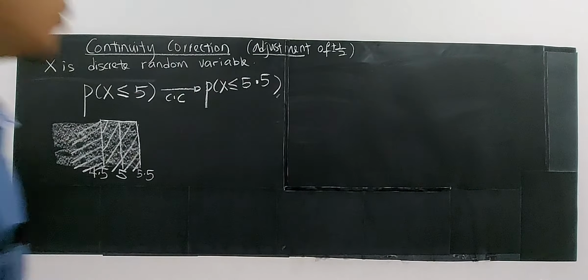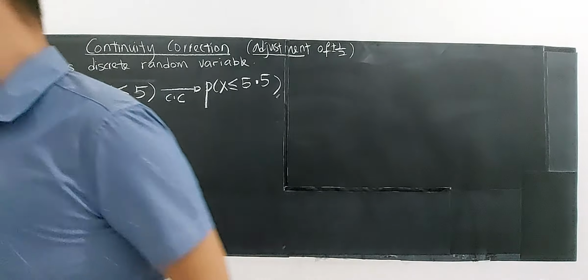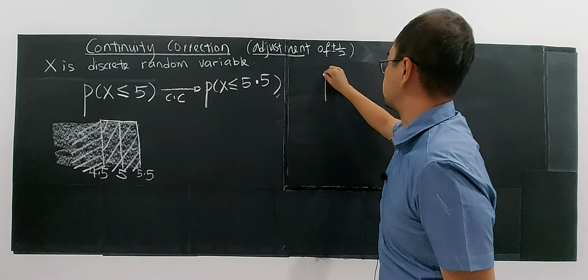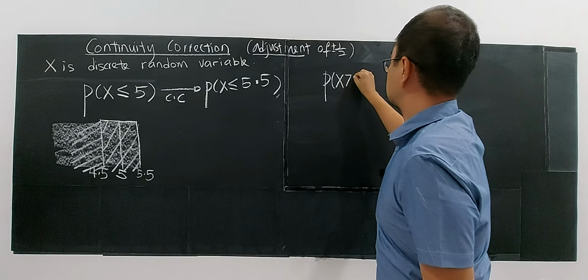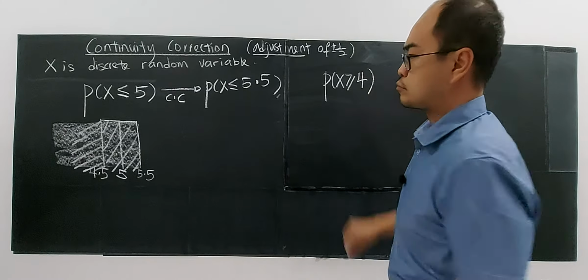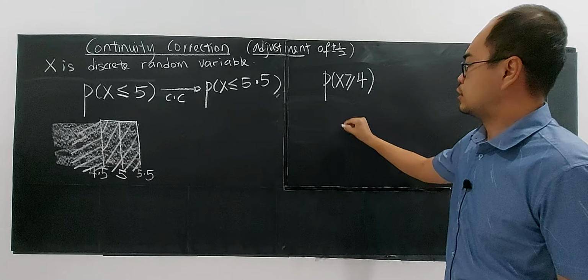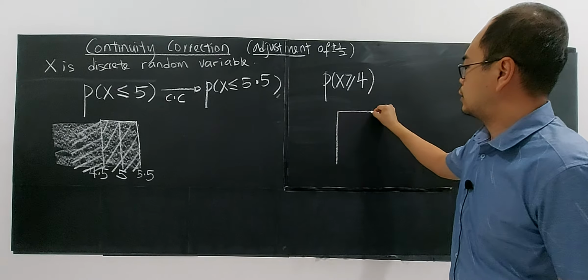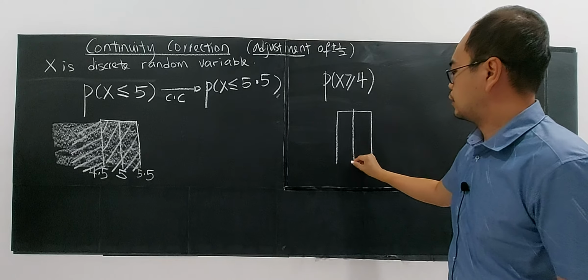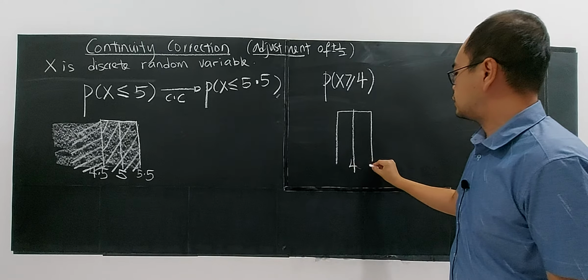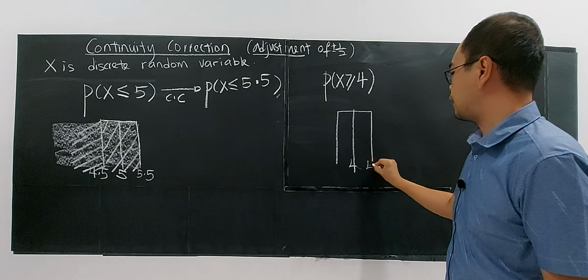So, tengok. Okay. What if they ask you to find the probability continuity correction for x greater or equal 4? How to do continuity correction for this? Very simple. Draw the box. Okay, 4. You add 0.5. Always add 0.5.